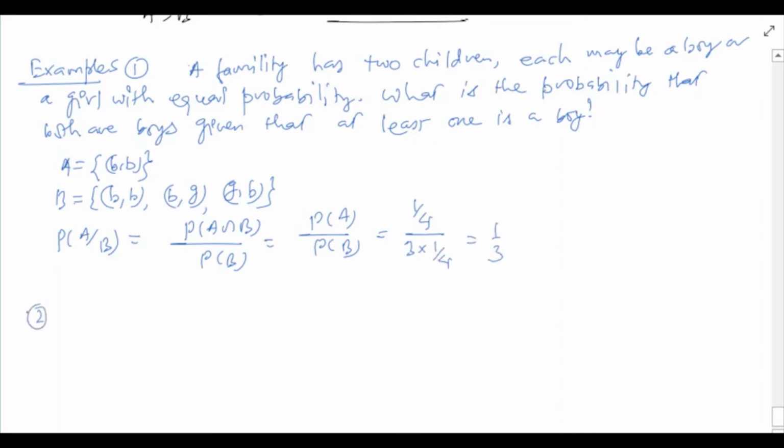Let us see another example. Suppose a person alpha proposes a person beta or gamma, each with equal probability, so each with probability half, to go for a movie.